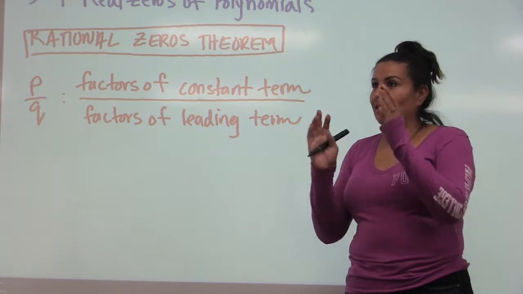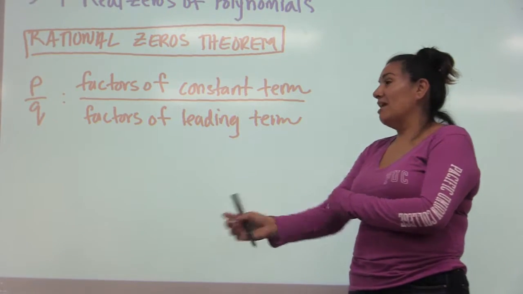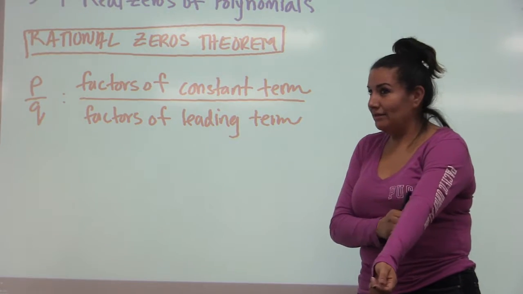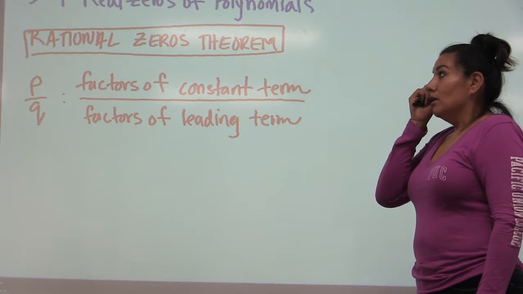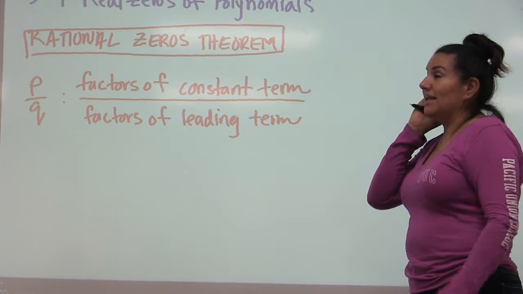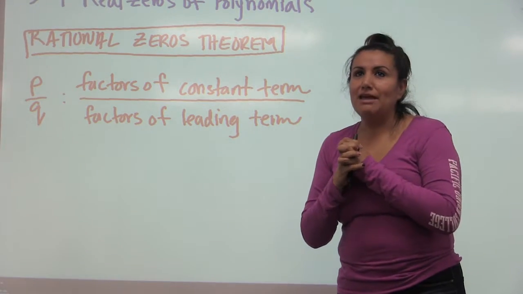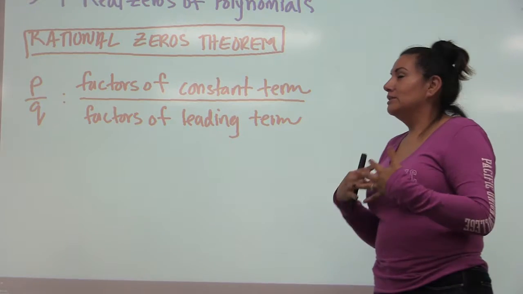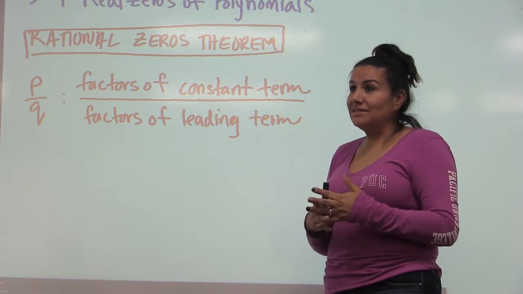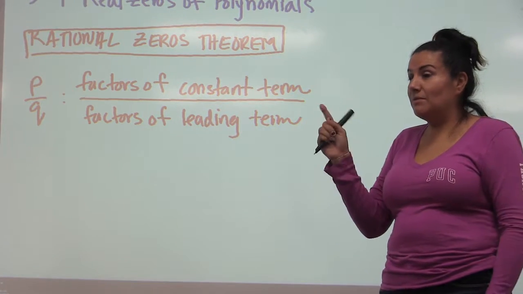But I have to be cautionary with you. We did this in Algebra 2, and it was annoying then. It might be annoying now. It produces a list of possible zeros. That list does not mean that every single one is going to be a zero.